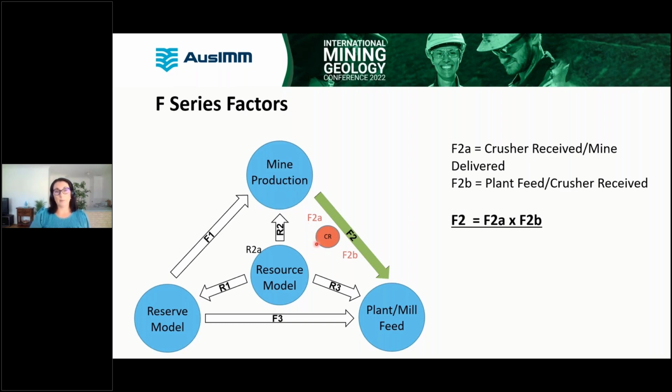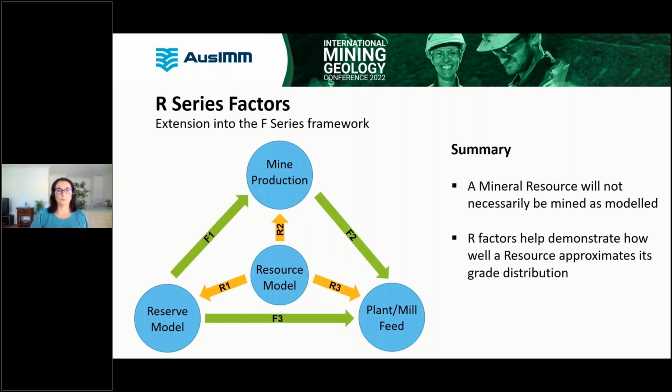And so now I can compare this F2 by the mine production, so what was mined, what was sent to the crusher, and then what the crusher has said it received against what the mill has received. Remembering lots of stockpiling between these two, and also maybe stockpiling between the crusher weightometer and the plant feed.